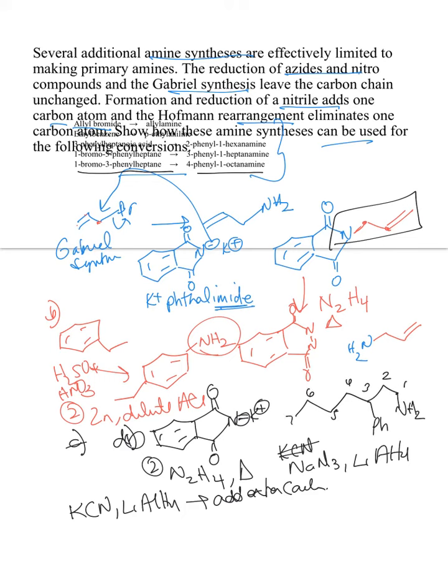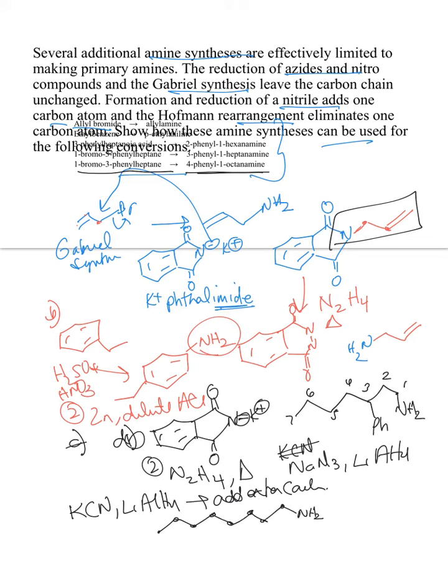And if you want to do 4-phenyl 1-octamine, so what does that look like? 1, 2, 3, 4, 5, 6, 7, 8. So as you can see here, you've added one more. So this one you would definitely have to use potassium cyanide and lithium aluminum hydride.